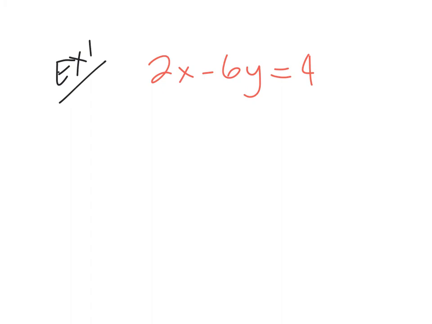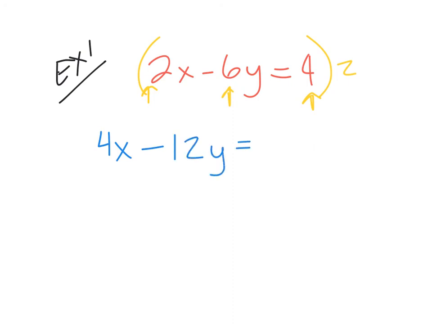When you're writing an equation that's equivalent to this, you can change the coefficients and the number. So what you would do is take this entire equation times a number. So let's just say times 2. So 2 times 2 is what? 4x. 6 times 2 is?